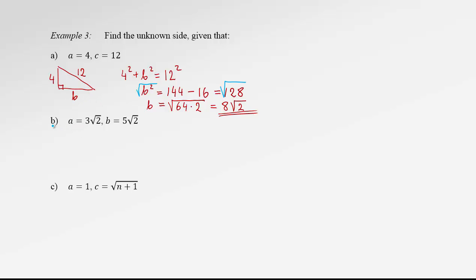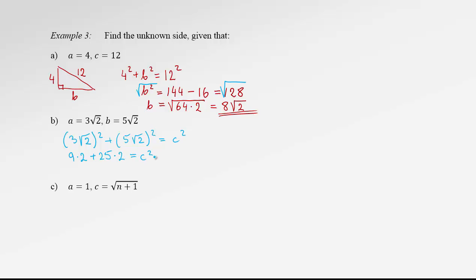Okay, let's look at example B. A and B are given. So A squared, meaning 3 root 2 squared, plus B squared, which is 5 root 2 squared, equals C squared. We are after C. Okay, let's perform the squaring. The square of 3 is 9, the square of root 2 is just 2, and here we have 25 times 2.